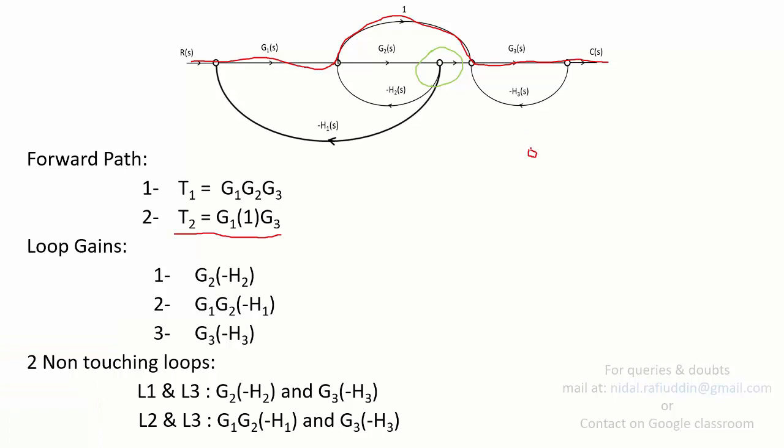If you look at this branch, it also touches the SFG, this branch also touches, and this branch also touches. So the only thing that remains is this particular node which does not touch the path, and hence you have to draw that part of the SFG separately. If you draw that part separately, you remain with only a single node.